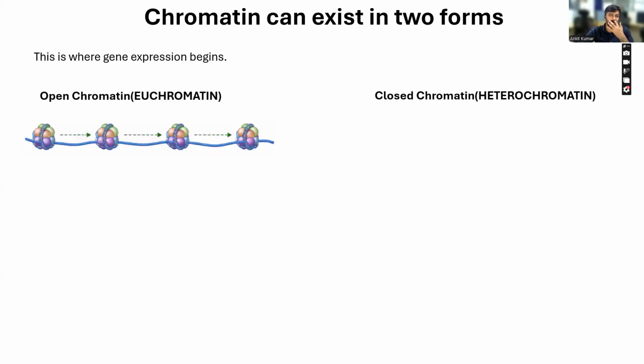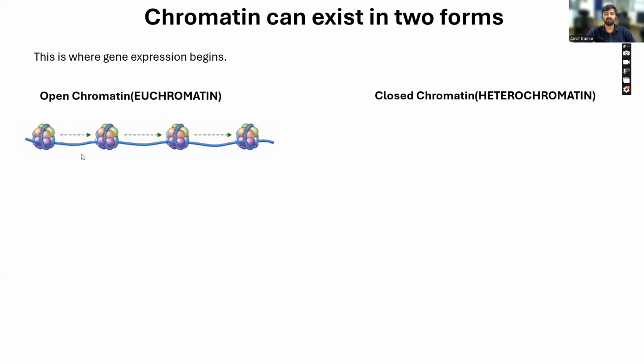When we talk about open chromatin, you can see that chromatin is open. That is the least condensed form of the chromatin, so it is completely open. Let's say any gene expression happens in this particular unit. If we talk about open chromatin, for any site which shows gene expression, it will be very easy for the RNA polymerase to access that particular site because this is open now. So there is no hindrance.